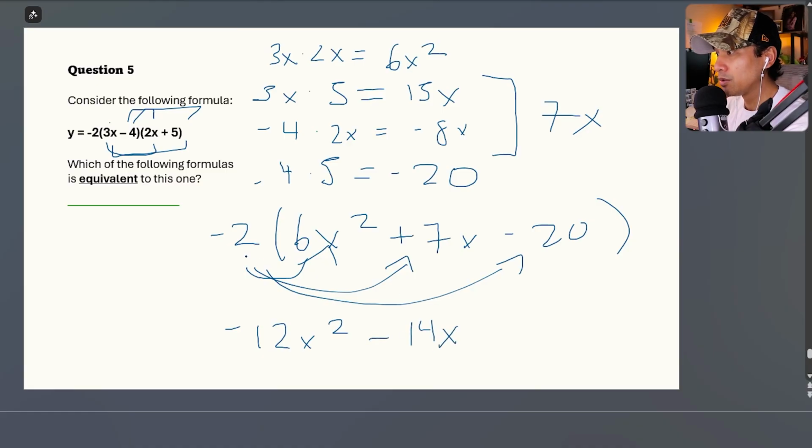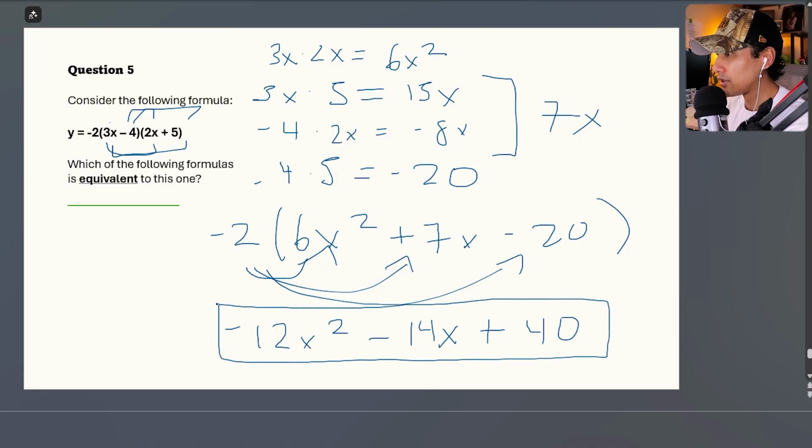And then negative 2 times negative 20, and remember, a negative times a negative equals a positive, so positive 40. And we are done here. This is our final answer: negative 12x squared minus 14x plus 40.